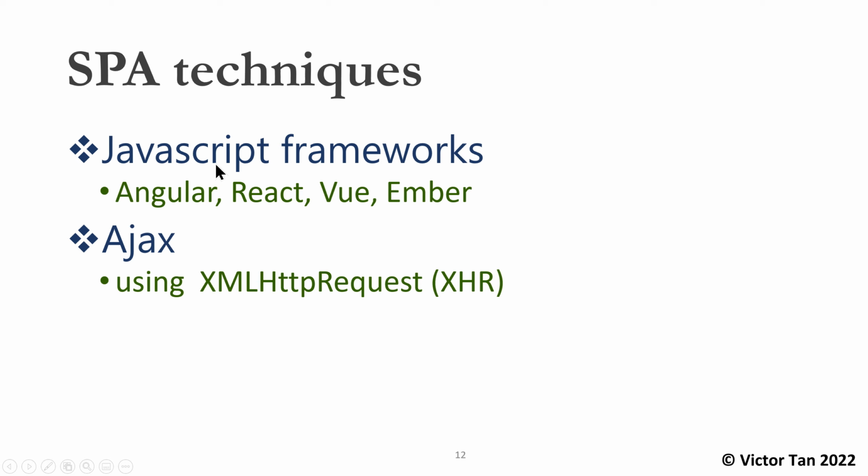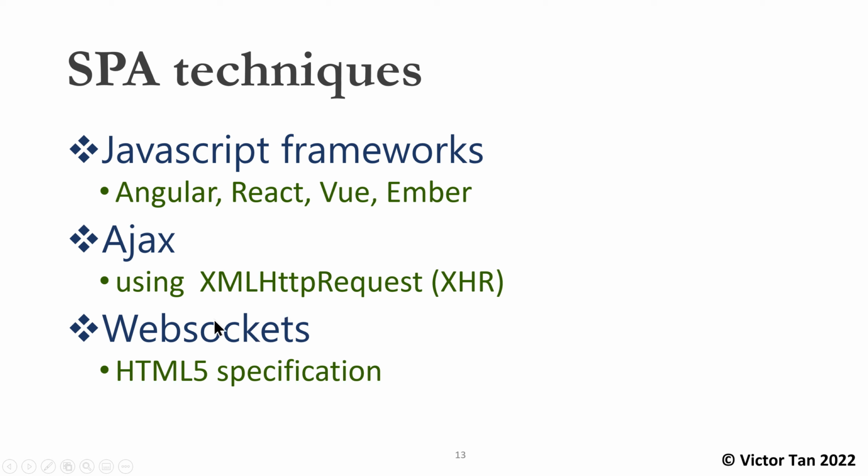With frameworks like Angular, React, Vue and Ember, the SPA functionality is built into the framework itself, whereas if you use the more traditional Ajax approach, you have to manually construct that functionality yourself.